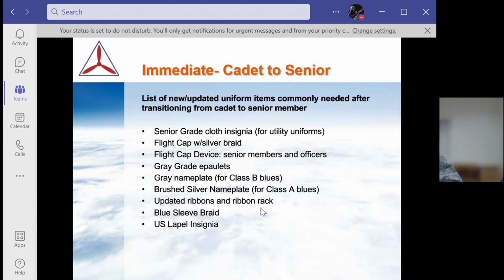Updated ribbons and ribbon rack, because they have to reduce to one cadet program. Blue sleeve braid on the Class A jacket, 3 inches up from the end of the jacket sleeve.